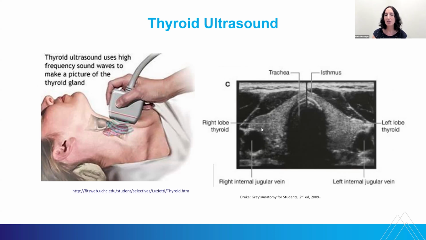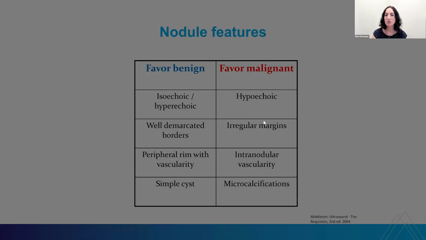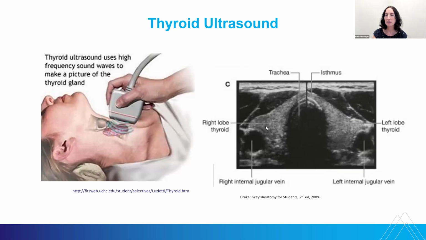So here you see a normal thyroid gland, smooth echo texture. You see strap muscles overlying the trachea with the tracheal rings and the large vessels in the neck.